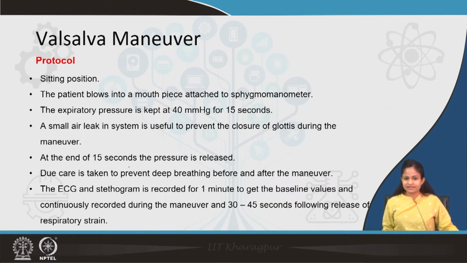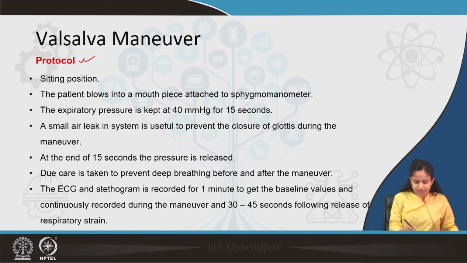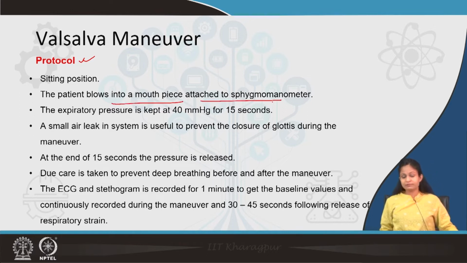Now, coming to the Valsalva manoeuvre, the protocol of this manoeuvre is this: the test is usually done in a sitting position. The patient is asked to blow into a mouthpiece, that is, forced expiration is done. This mouthpiece is attached to a sphygmomanometer or blood pressure recording apparatus.